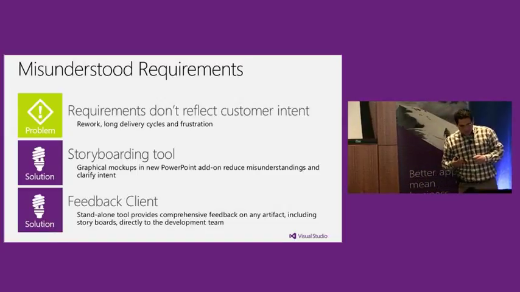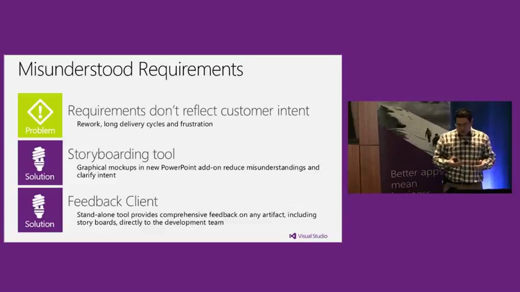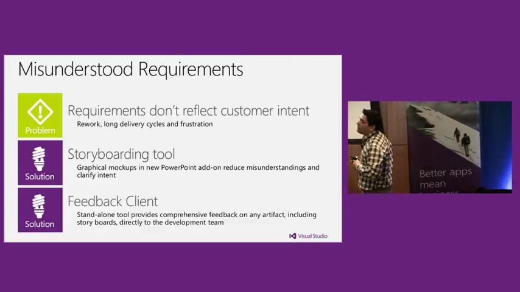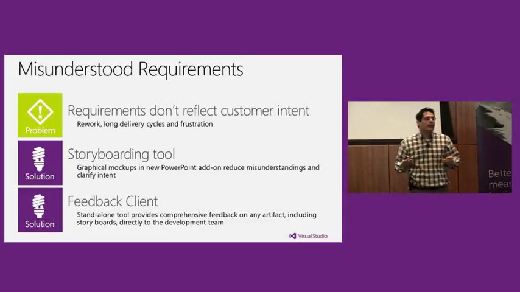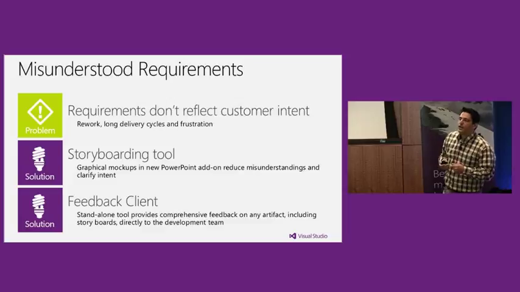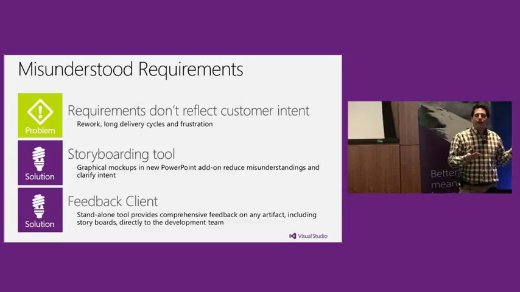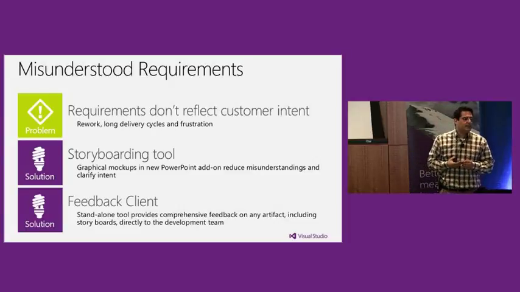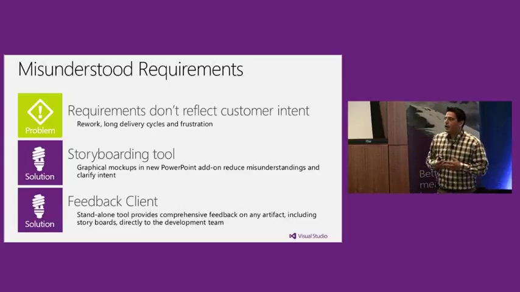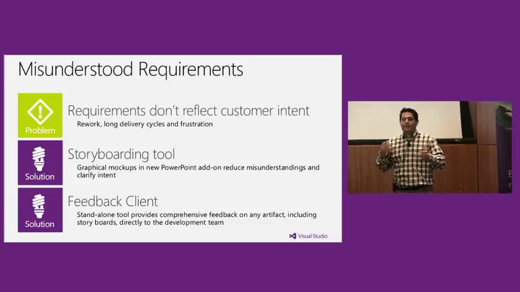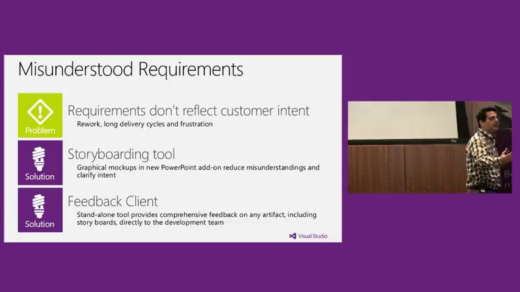So with Visual Studio 2012, we can use the new storyboarding tool in order to do that. We can create something that everybody can use, PowerPoint. We can create PowerPoint presentations that are connected to our TFS, and we can attach them to work items and get feedback. Get feedback from the customer and from the developers.